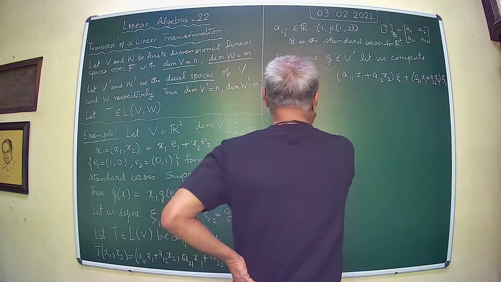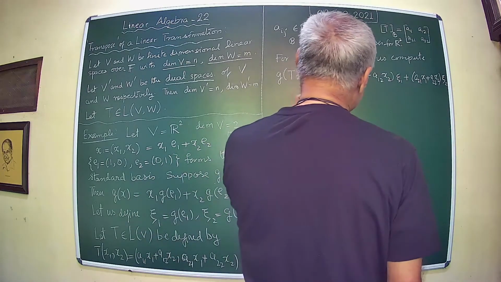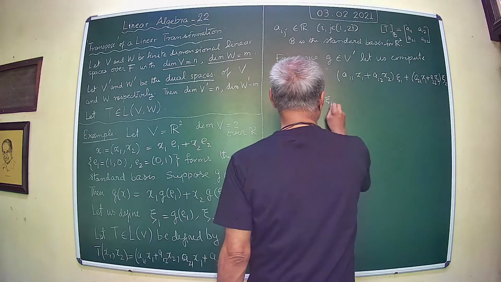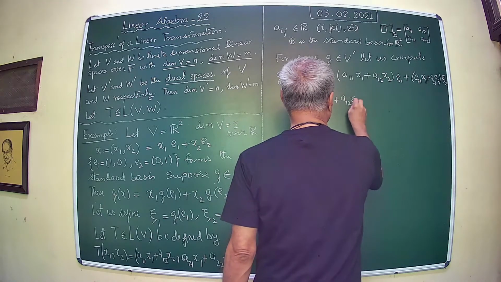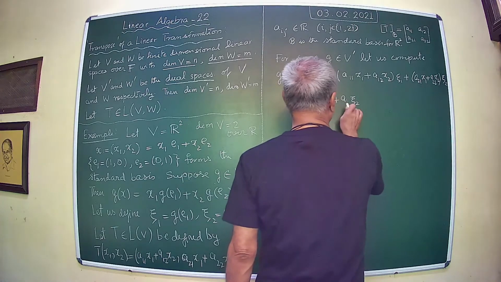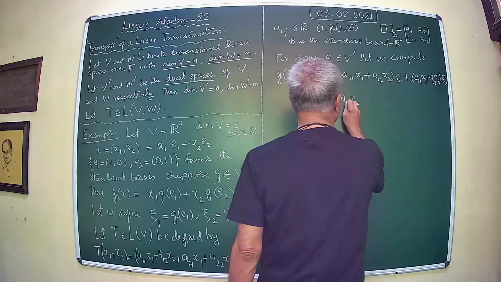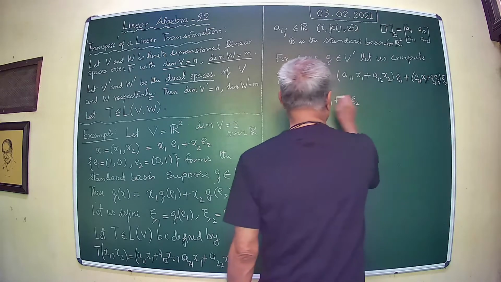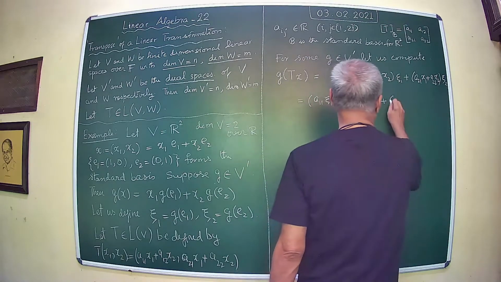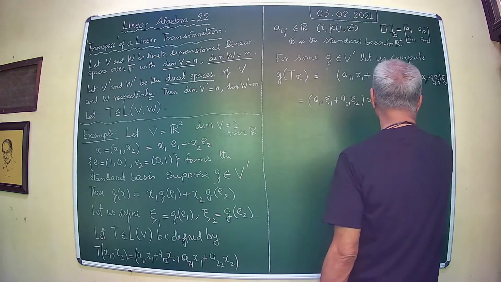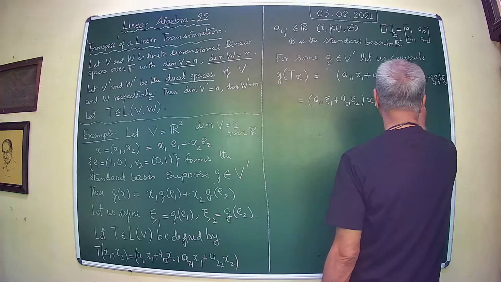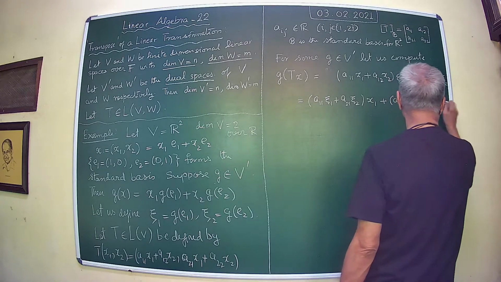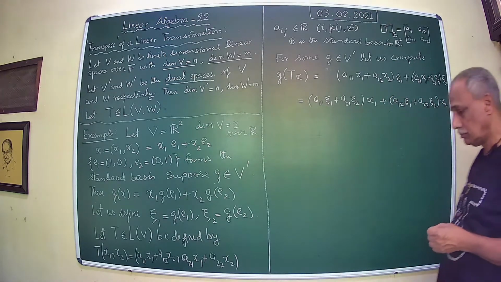Now this I rewrite as follows: (A11 psi 1 plus A21 psi 2) times x1 plus (A12 psi 1 plus A22 psi 2) times x2.